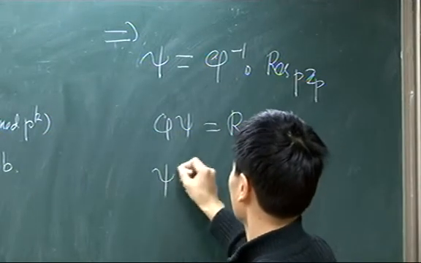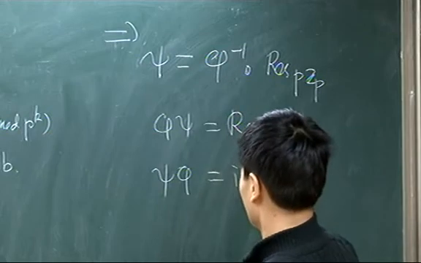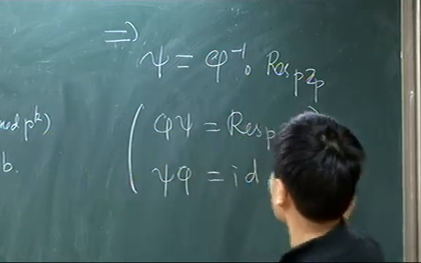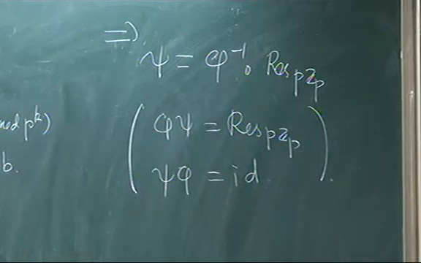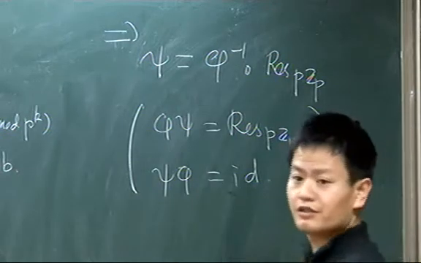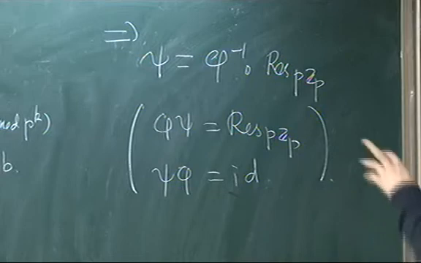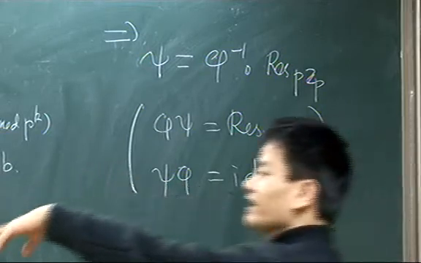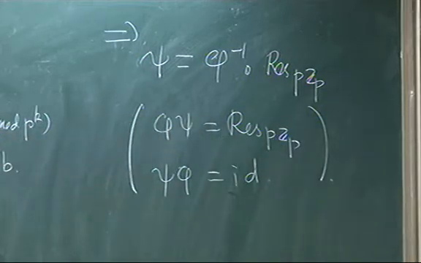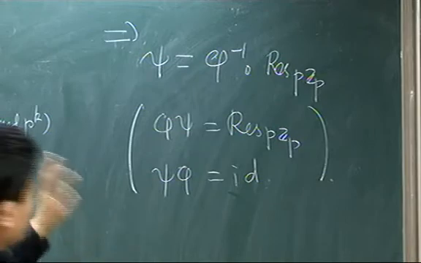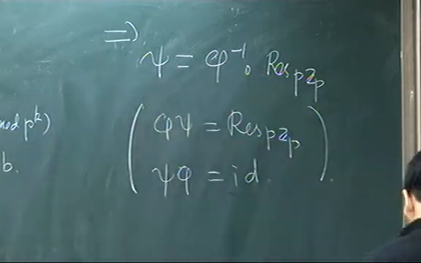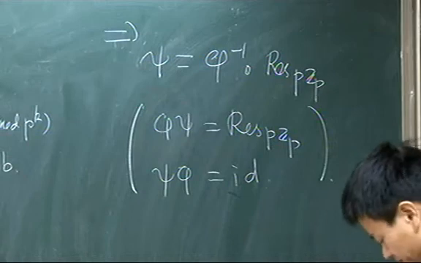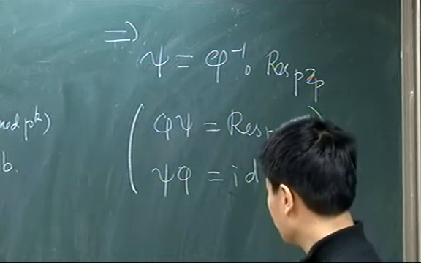Psi phi is just identity. Okay, this is one proposition. We have phi gamma module. But in this context, if we have this phi psi module over Zp, we also have this.